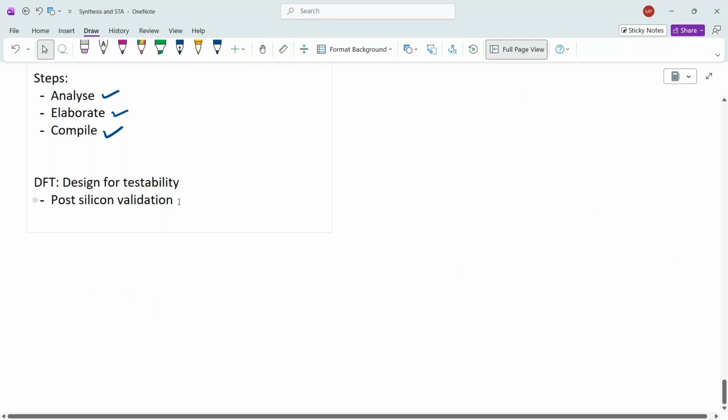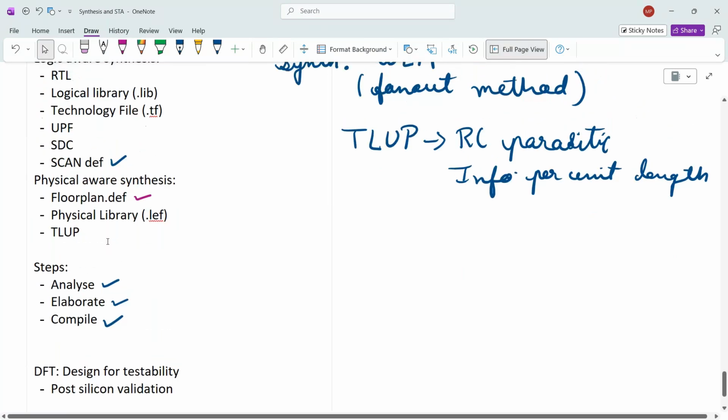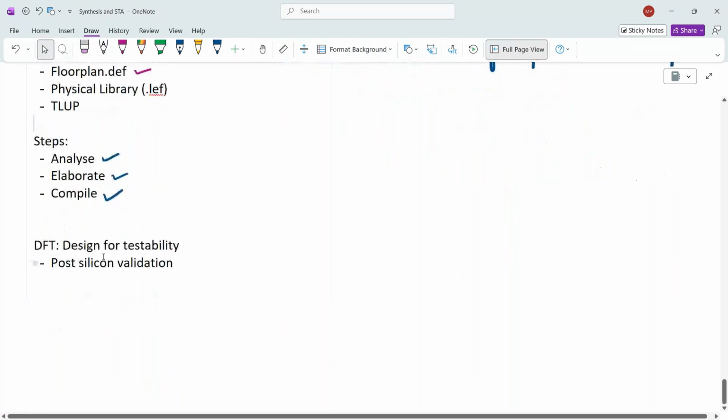It may be present as a different input also, like the scan depth that I mentioned earlier. Right? So the DFT team will modify the netlist without affecting the functionality, so that the chip is tested after fabrication. So we do scan chain insertion.